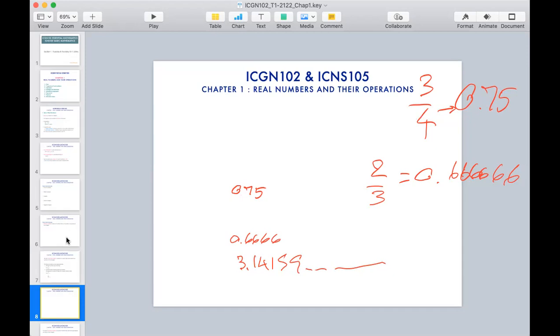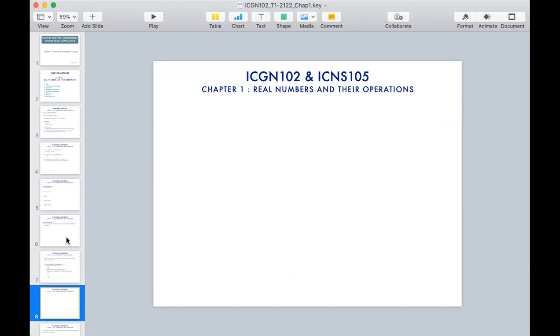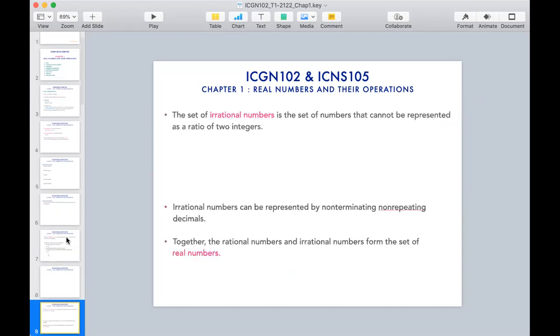The next thing. When we talk about rational numbers, there is another set called irrational numbers.